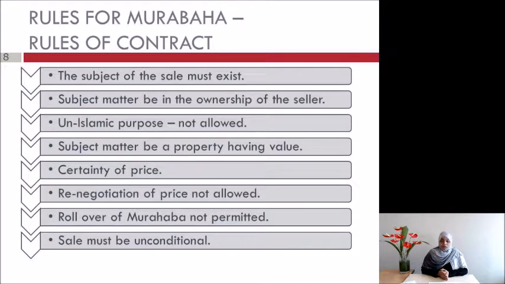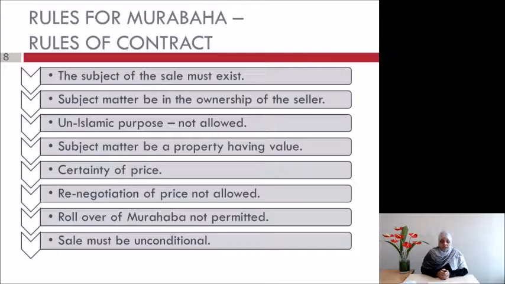The subject matter of the property must have value, so you can see how money in itself is not something with value under Islamic financing, and hence the prohibition of charging of interest on it. There must be certainty of price, i.e. the cost of the product and the profit markup must be known right at the beginning.